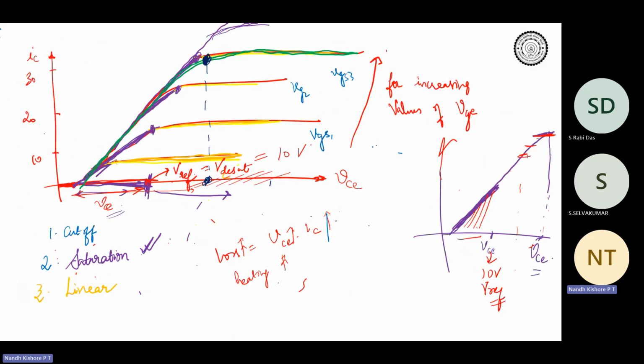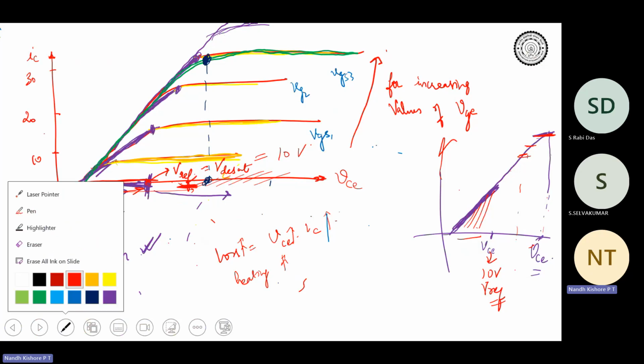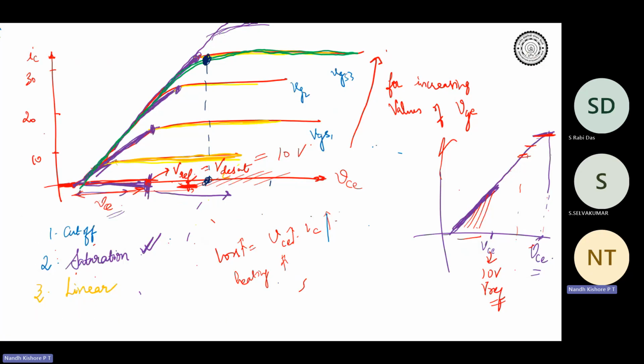So ideally, what would be the value of VDS? When there is no overcurrent, let's say this is your reference, for the device transitioning from the ohmic region into the flat region. Under normal device operation, you are going to lie somewhere over here.